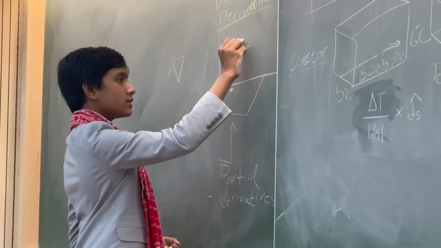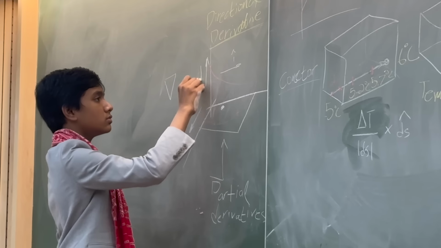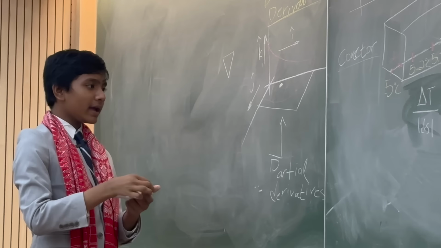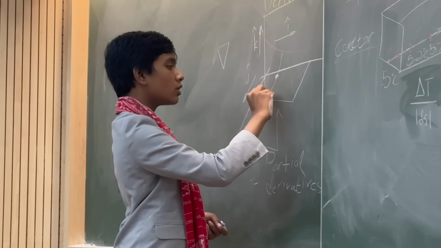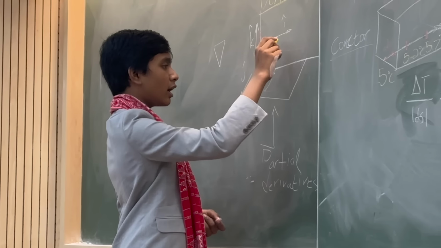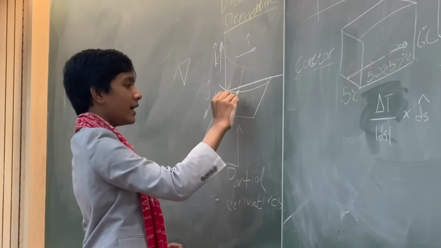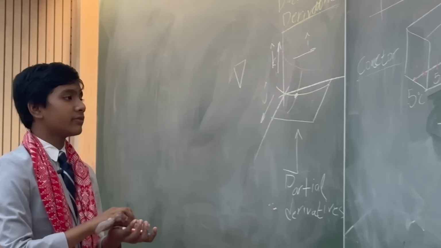I, J, and K. So, in the same way, we're taking partial derivatives of these directions. J and K, well, of course, we can also take the derivative of it along K, but I'm not going to do that right now.